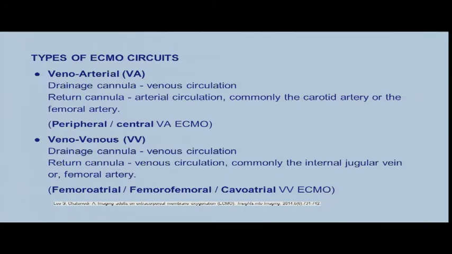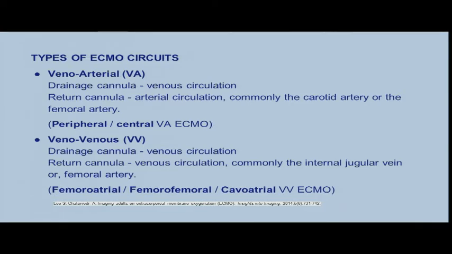Like I said, for the nomenclatures that are being used, we have the veno-arterial ECMO. What it basically means is that you have the drainage cannula in the venous circulation. The first letter, the V, stands for the drainage one.